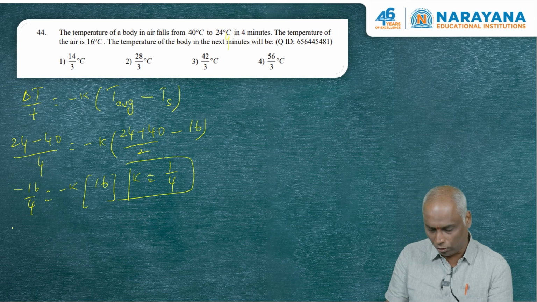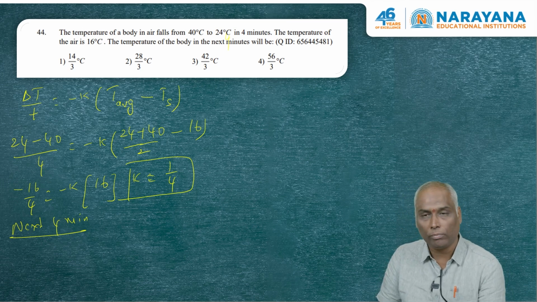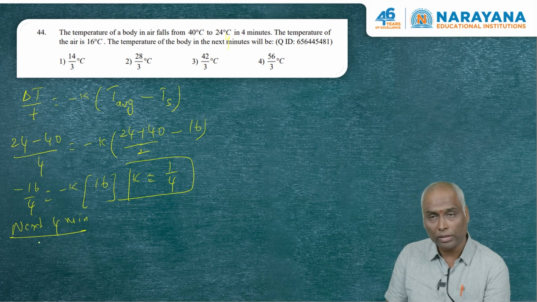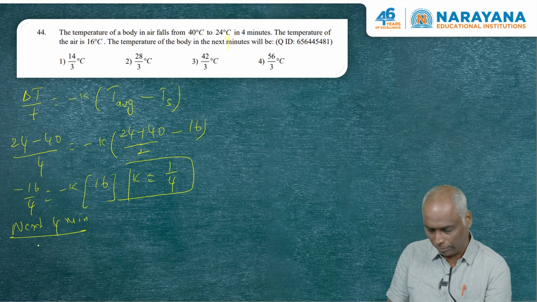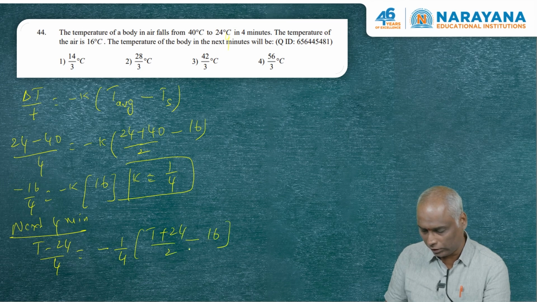In the next 4 minutes, the temperature starts from 24 degrees centigrade and we have to find the final temperature. Let us assume the final temperature is T. Again applying Newton's law of cooling, we get (T minus 24) divided by 4 equals minus K, which is 1 divided by 4, into the average temperature, (T plus 24) divided by 2, minus the temperature of the surroundings, 16.